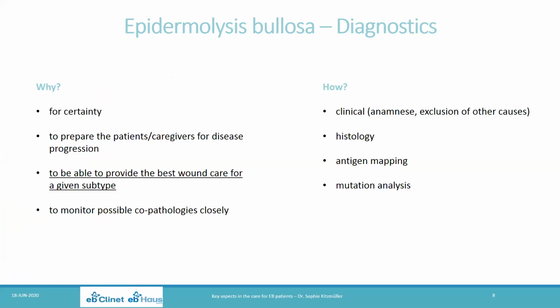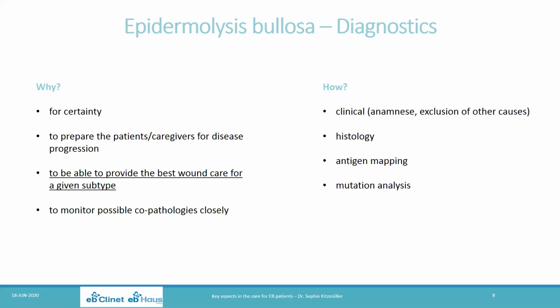And you need to be sure, in order to be able to treat it sufficiently, that it really is epidermolysis bullosa. Also, when you have the diagnosis, you can prepare the patients and caregivers for disease progression. Although not every disease progression is the same, a lot of co-pathologies that come with this disease are foreseeable.